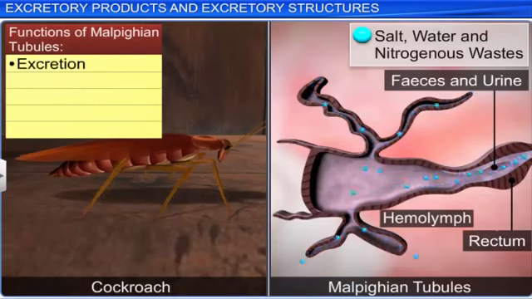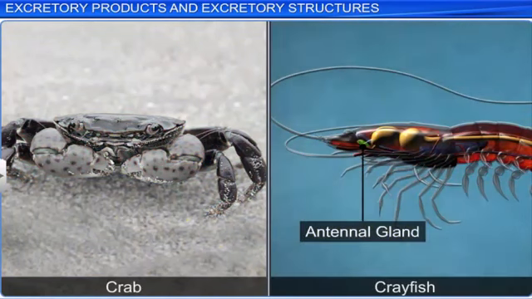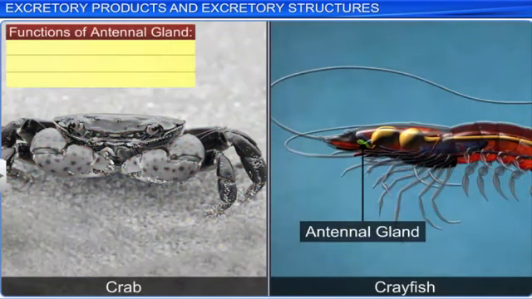These tubules, along with removing nitrogenous wastes, perform the function of osmoregulation. The antennal gland or green gland is the excretory structure in crustaceans such as the crab and crayfish. This gland performs the function of excretion and osmoregulation.